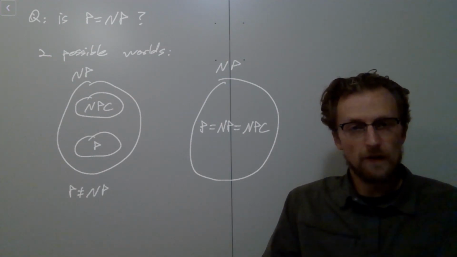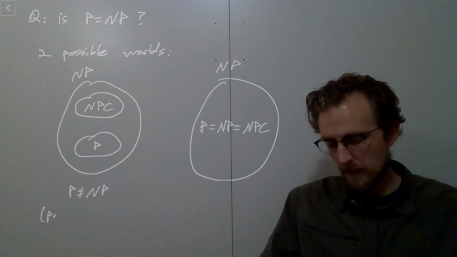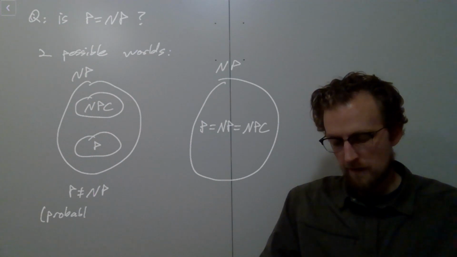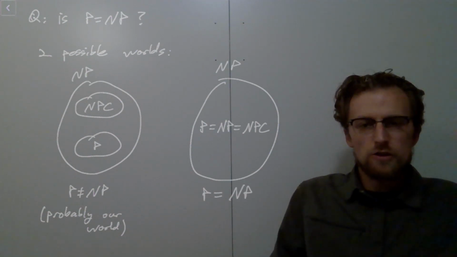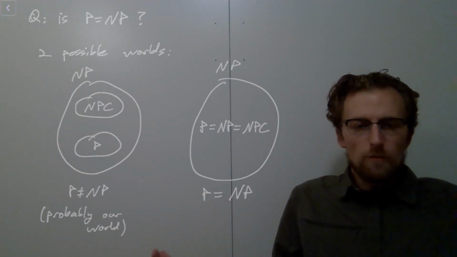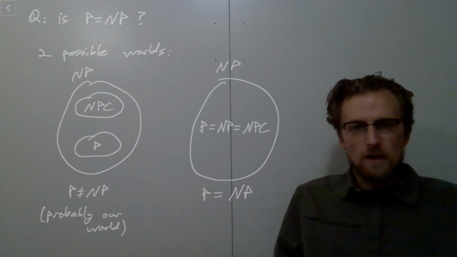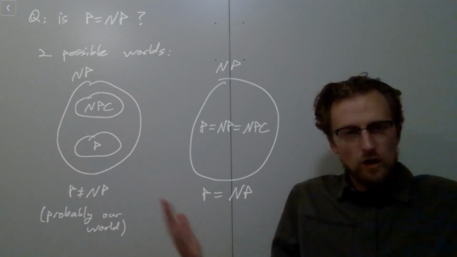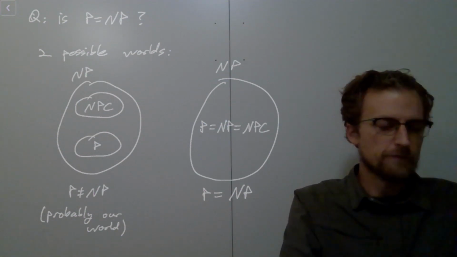This is the world on the left that most people conjecture we probably live in, our world. And then this is the other version of the world, where P equals NP, which equals NP complete. The stunning thing about a world where P equals NP is that all problems in NP have polynomial time algorithms. The NP complete problems all collapse down to simple problems. They're not difficult to solve.